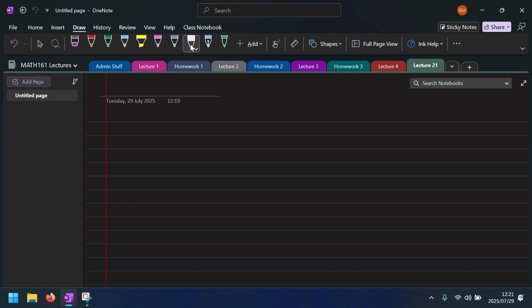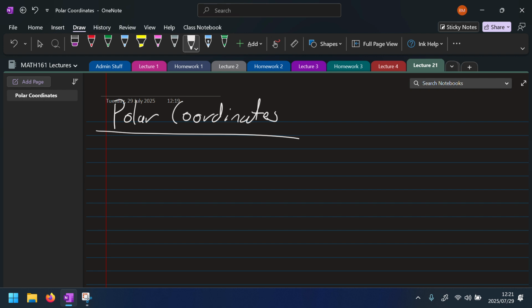Okay, so today we're going to be looking at polar coordinates. You might have seen a bit of polar coordinates in physics with circular motion and so on. But we're going to be looking at it more on the mathematical side, as a coordinate system. First a recap of what a coordinate system is, and then we'll look at the similarities and differences between Cartesian coordinates, which you're very familiar with, and polar coordinates.